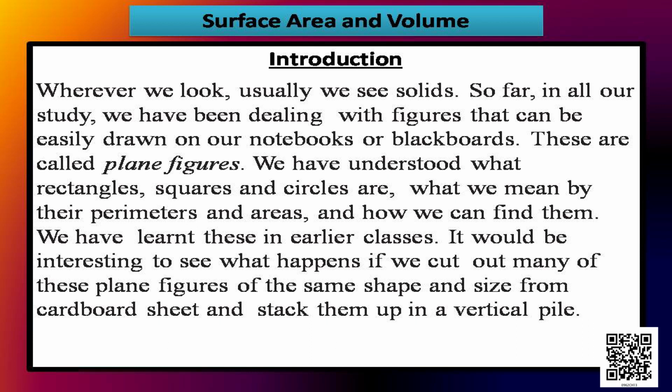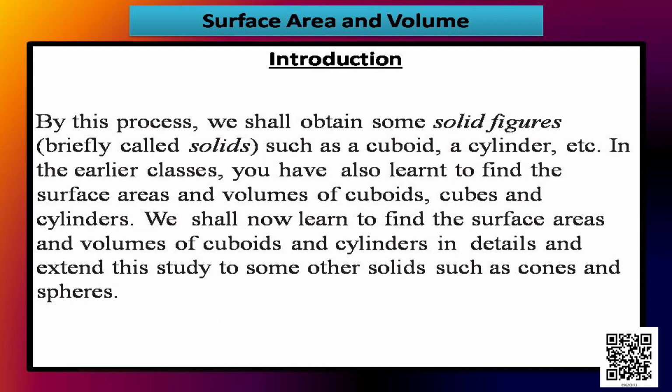It would be interesting to see what happens if we cut out many of these plane figures of the same shape and size from a cardboard sheet and stack them up in a vertical pile. By this process, we shall obtain some solid figures, briefly called solids, such as a cuboid, a cylinder, etc. In earlier classes, we have also learned to find the surface areas and volumes of cuboids, cubes and cylinders.